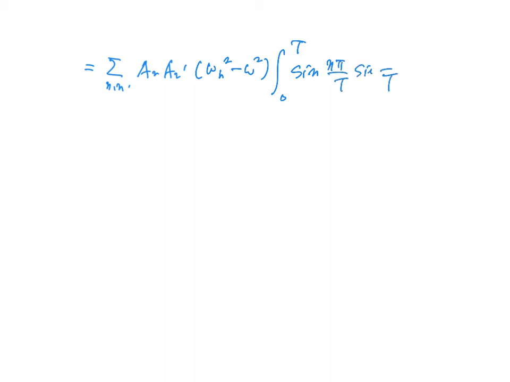And so it becomes sum over n, n prime of an an prime times omega n square minus omega square, and integral from 0 to T of sine n pi t over T sine n prime pi t over T dt.